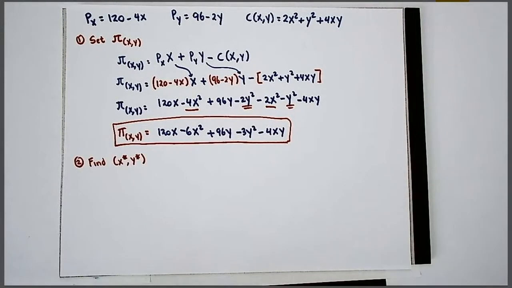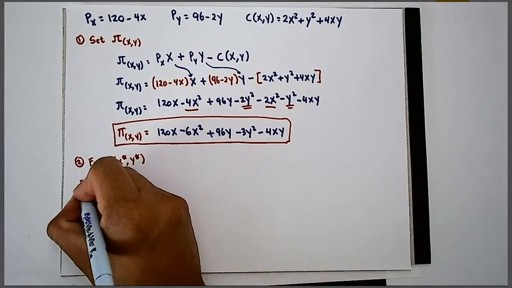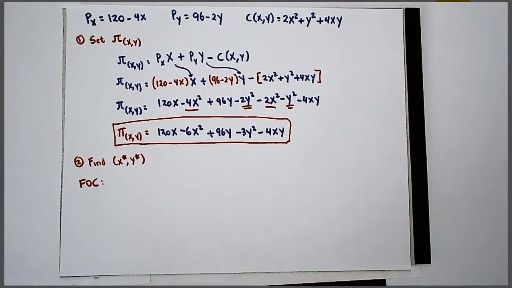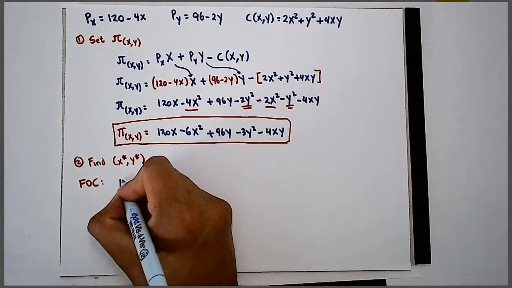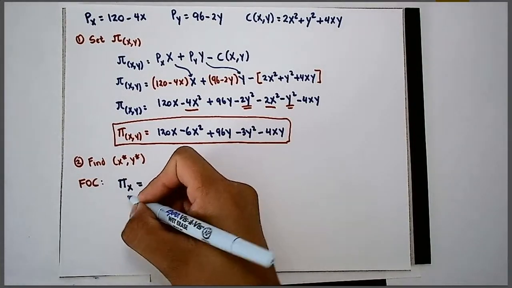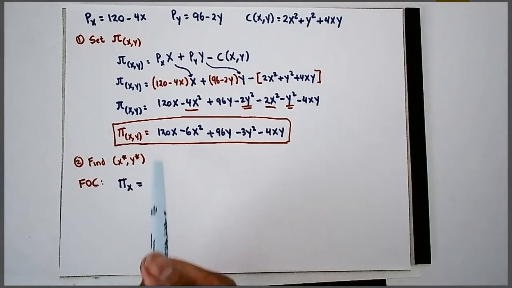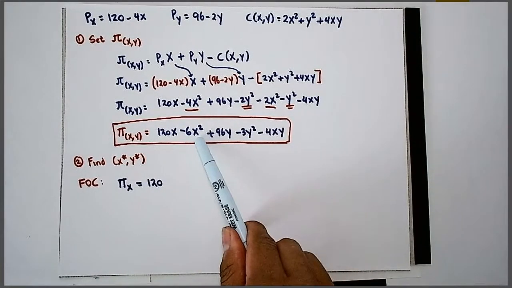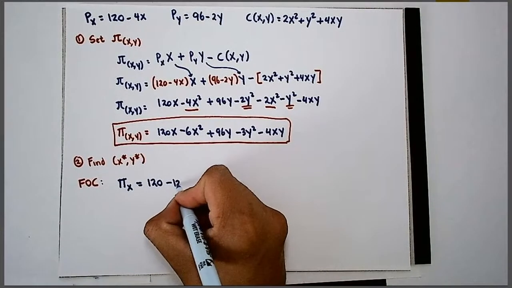Now let's find our critical point x comma y by using the first order condition. In the first order condition, we take the partial derivative with respect to x, which in this case will be 120 minus 12x.